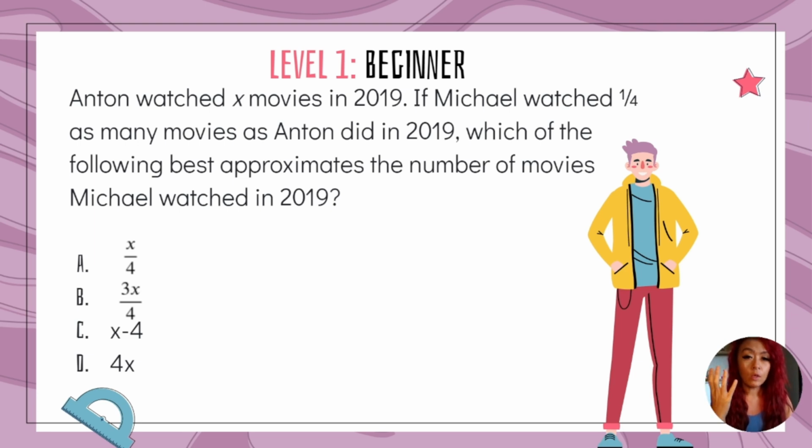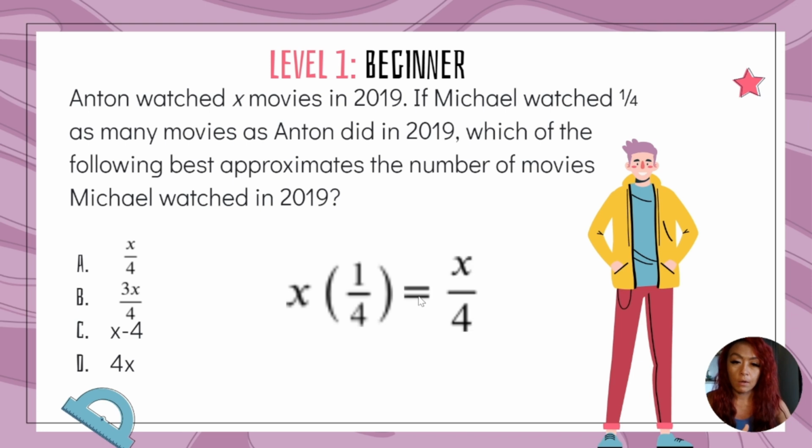So basically, we want to take 1/4 of the amount of movies that Anton watched. We know Anton watched X amount of movies. So that would be 1/4 of X, or 1/4 times X. Now, 1/4 of X, or X times 1/4, all we do is multiply X times 1, and we leave 4 in the denominator, right?